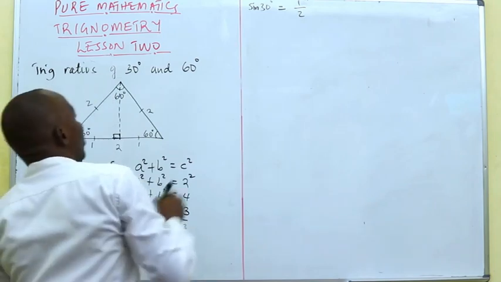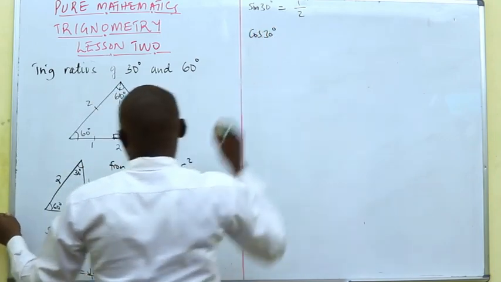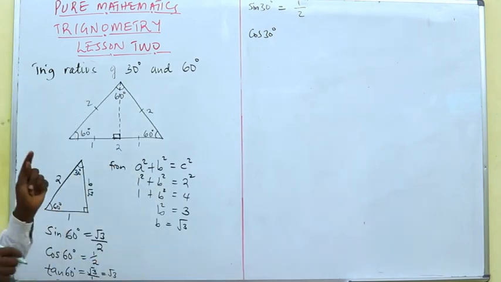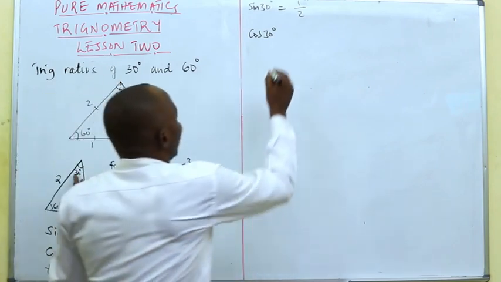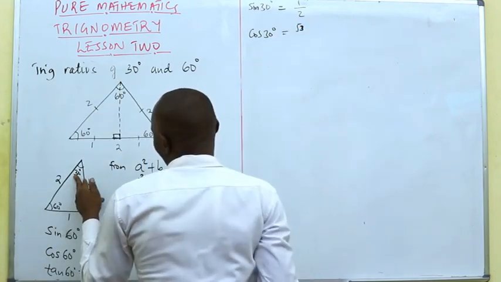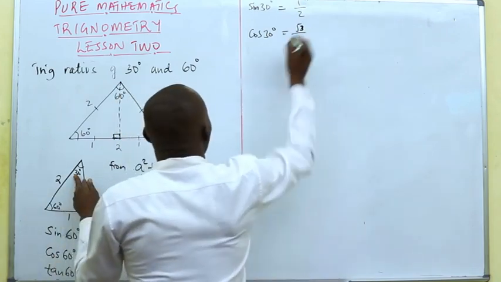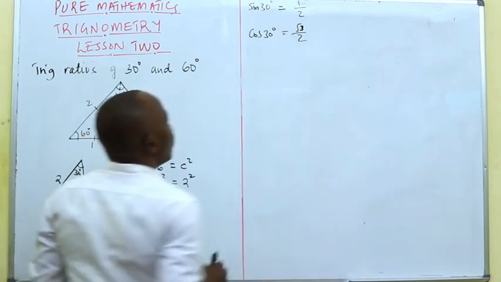Then cos of 30 degrees, the side adjacent to this angle 30 is of magnitude root 3 units over the hypotenuse side, which is 2.